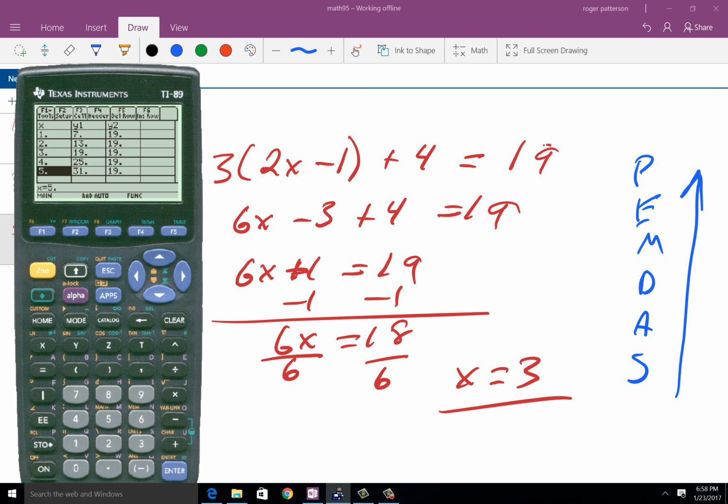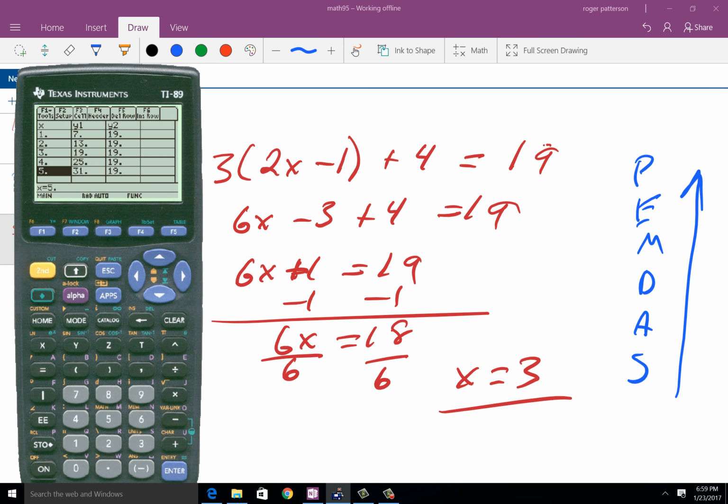So I put numbers in for x, and put them into the equation and figured out what it is. So 1 into the equation that we did right here, so 1 in here is the 7. If I put 2 in here, I get 13. If I put 3 in here, I get 19. If I put 4 in here, I get 25. So it's generating a table of values. Does that make sense? Kind of what's going on there?